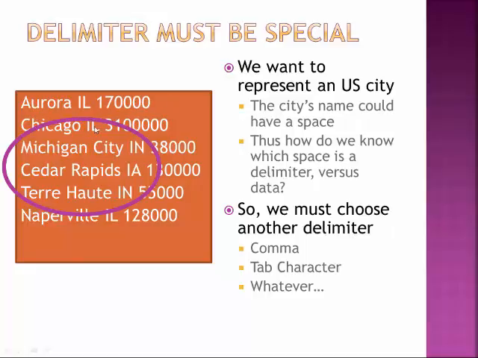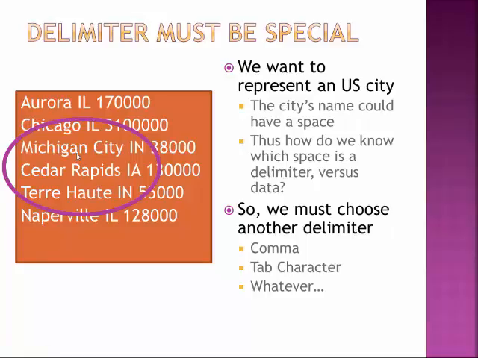Chicago, space, Illinois, space, population. Well, the issue there is Michigan space City. Michigan City is all the city name. Cedar Rapids, Terre Haute. All cities I lived in, they all have a space as part of the city name and need to have a space as part of the city name. So I can't use space as the delimiter in this data.